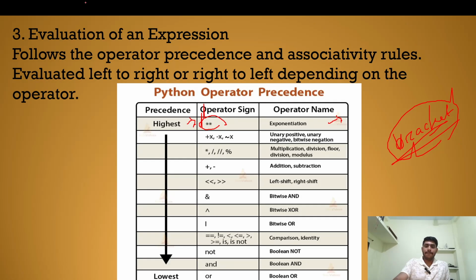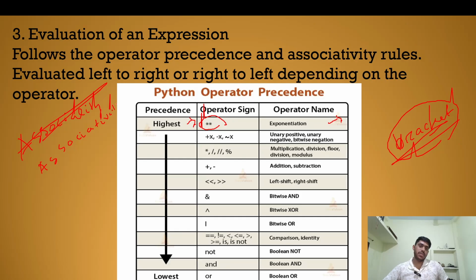I am explaining now. What is the associativity rule telling?